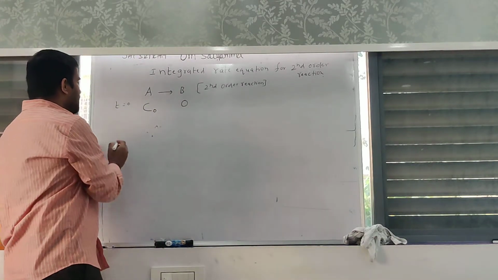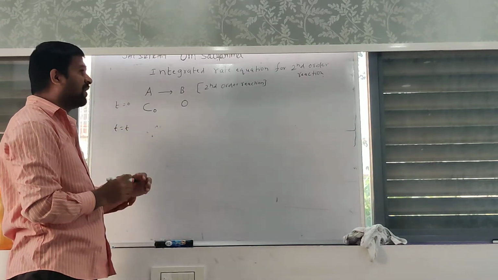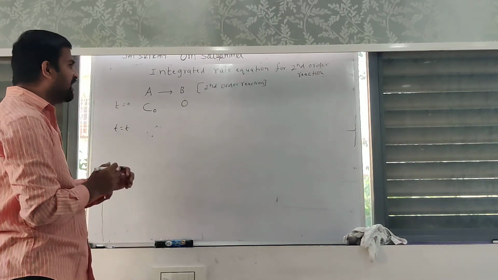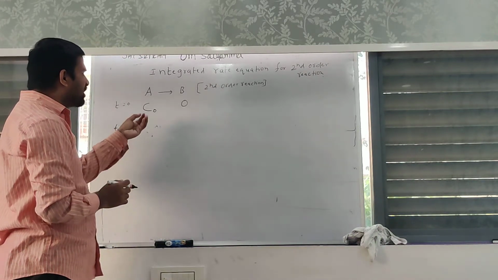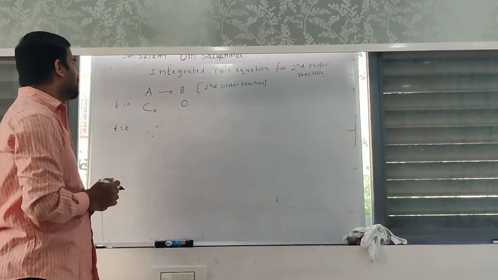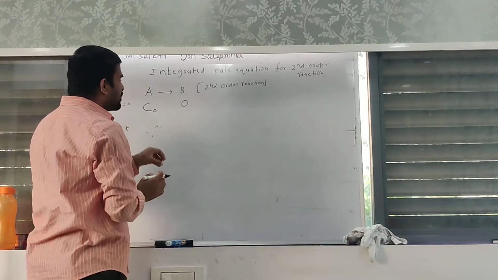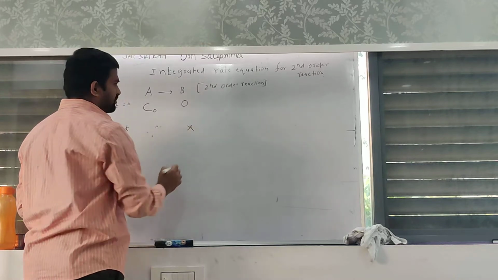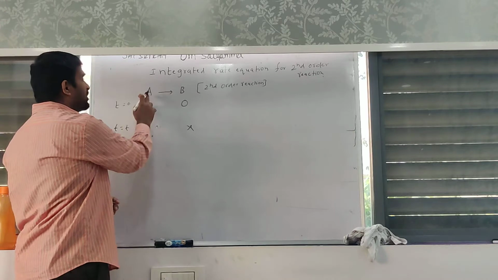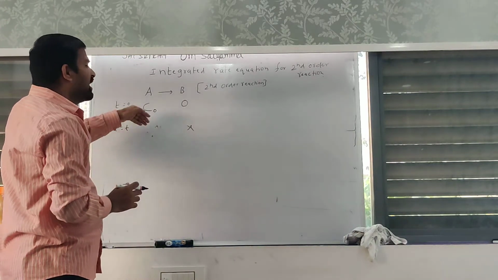At time t, some time passes and the reaction takes place. What is the meaning of reaction takes place? Some amount of reactant is consumed and converted into product. After some time, some amount of product is formed, that is X. The amount of reactant decreases compared to the initial amount.